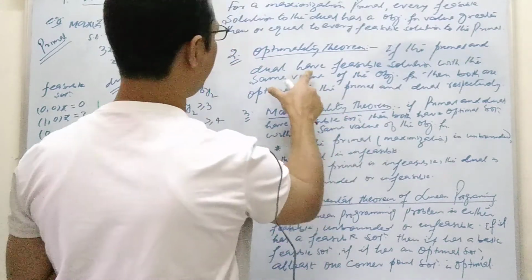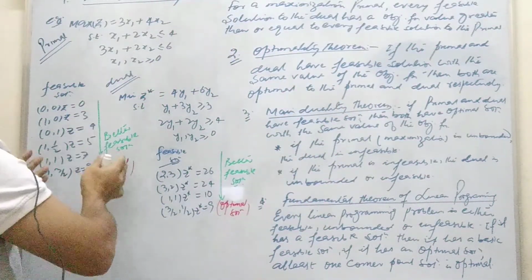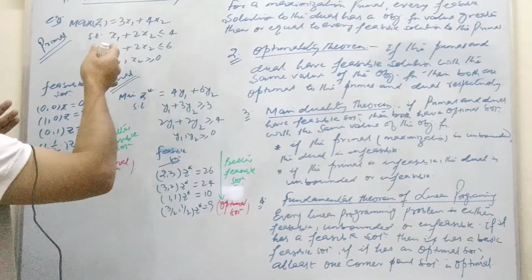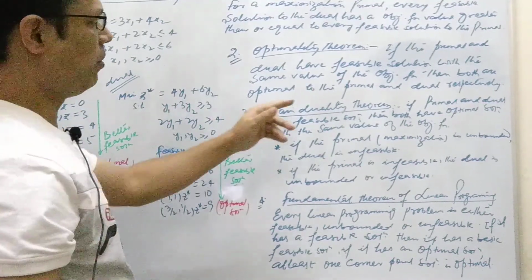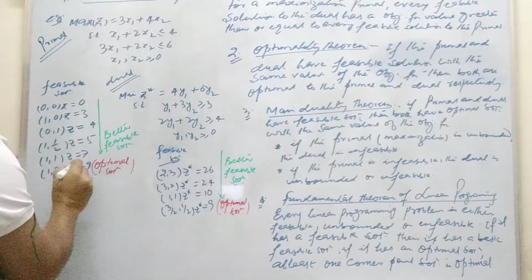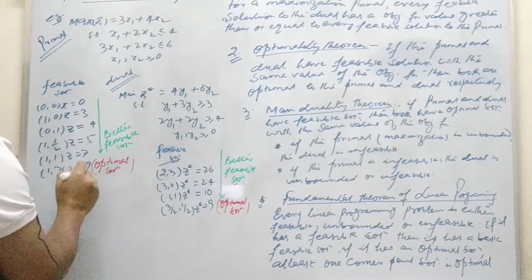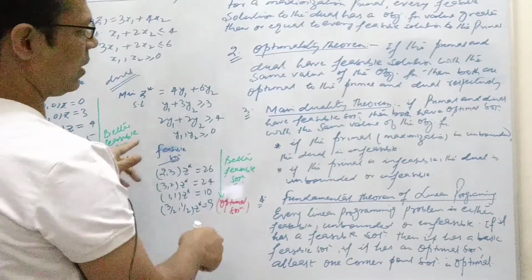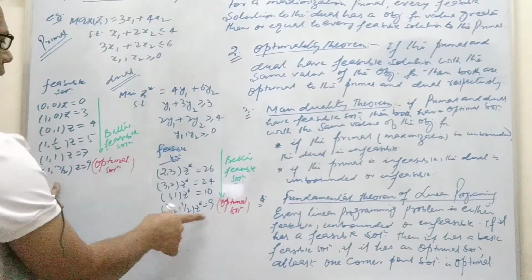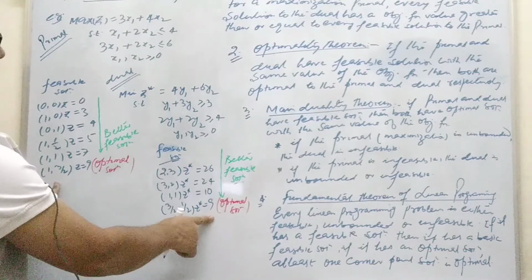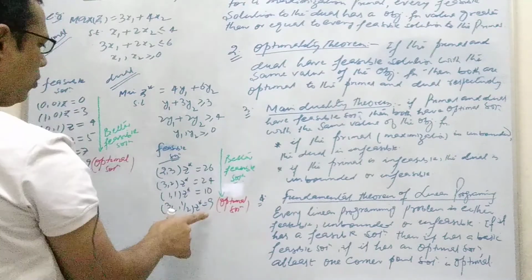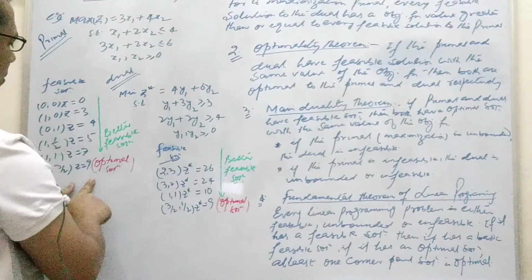If the primal has a feasible solution and the dual has a feasible solution, both with the same value of the objective function, then both are optimal to the primal and dual respectively. Where do we get the same value of the objective function? Here we get the same value, 9, as the objective function. So this is the optimal solution, and the primal and dual are both optimal. Only these values can be considered optimal values.